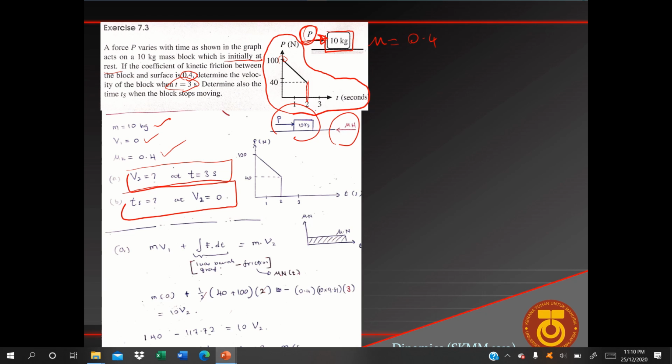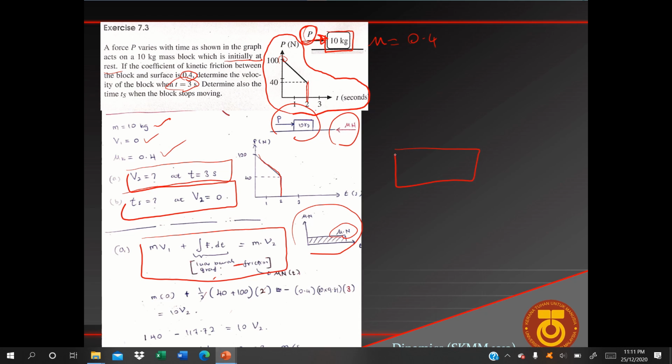So we apply this equation, mv1 plus the integral of F dt equals mv2. The F dt, the impulse, must include the area under the graph for the force given minus the area under the graph for the friction. Here is the area under the graph for the component and here is the area under the graph for the friction. This value you have to calculate, mu N. How to calculate N?